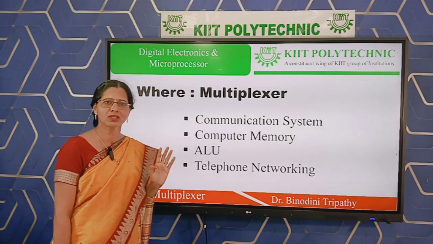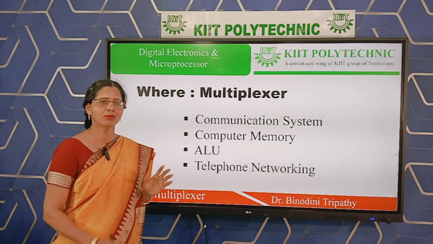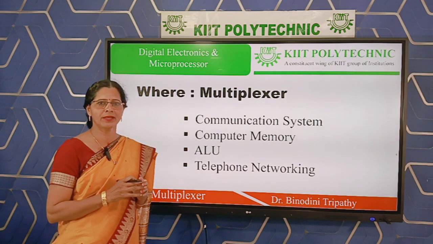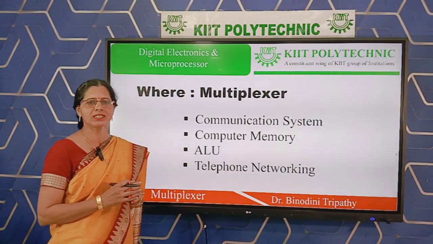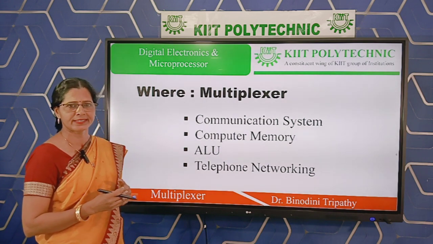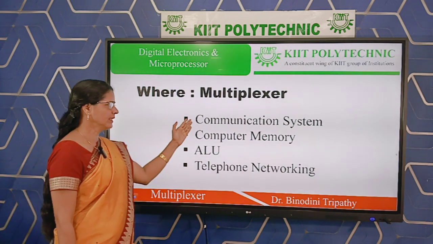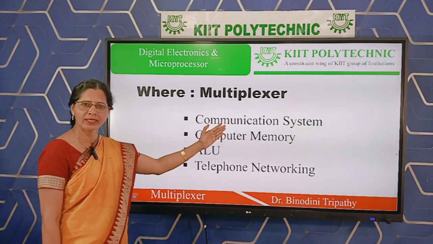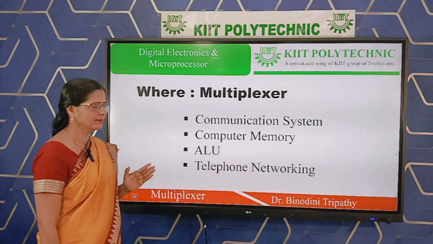If you are not using the multiplexer, then you have to introduce a heavy hardware or wiring arrangement, which is not economical, not reliable, and so many demerits will exist. So in any type of communication system nowadays you must get the multiplexer.